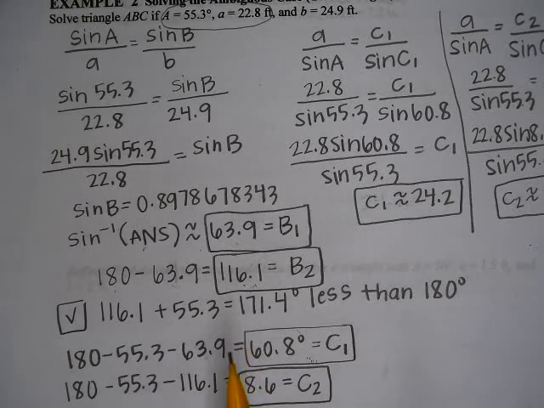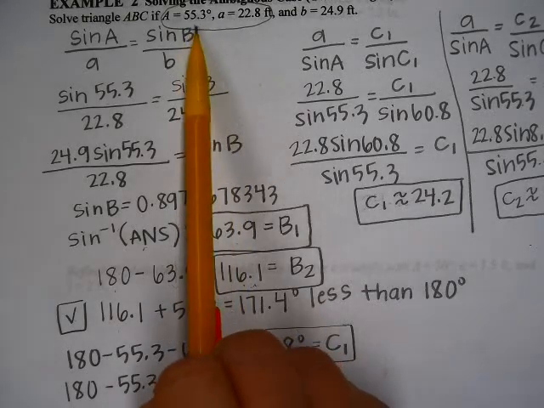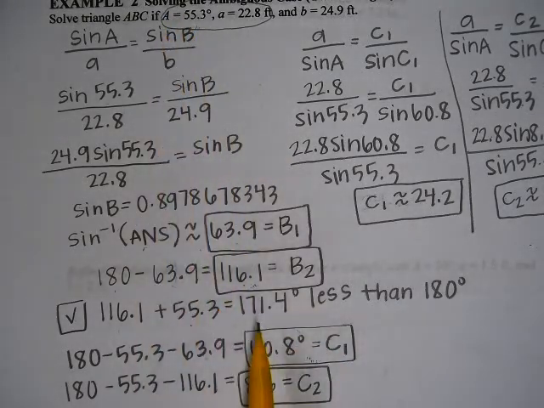So you got to find it first. It's kind of a little backwards. You got to find it first, and then you have to test to see, okay, can it really work? So then you take your 116.1, which you just found, add that to your 55.3 that was in the original, and we get 171.4, and that is less than 180.